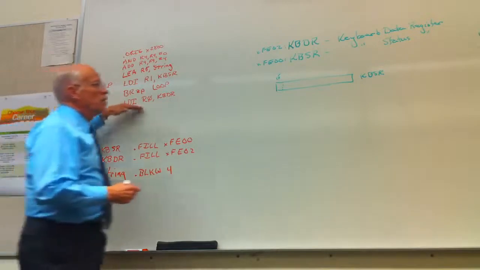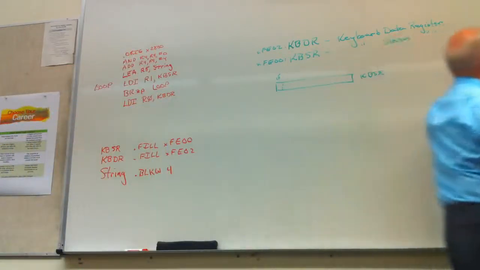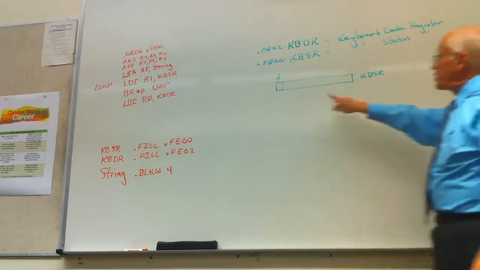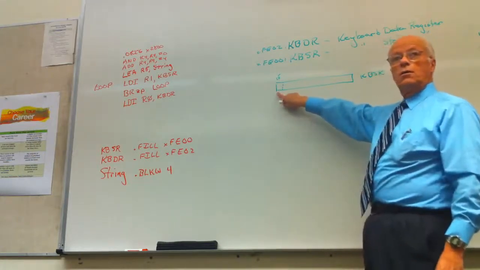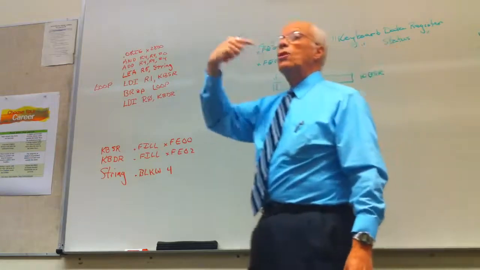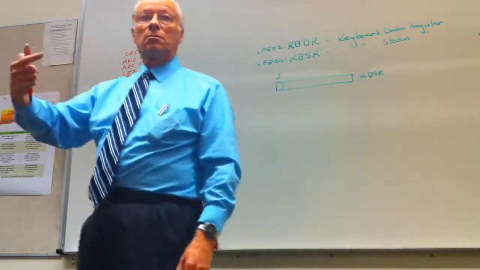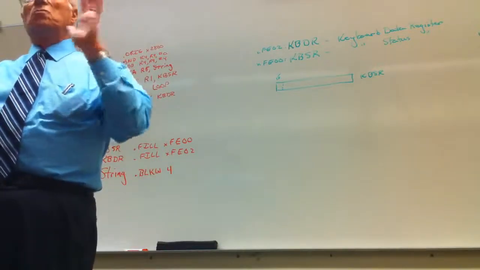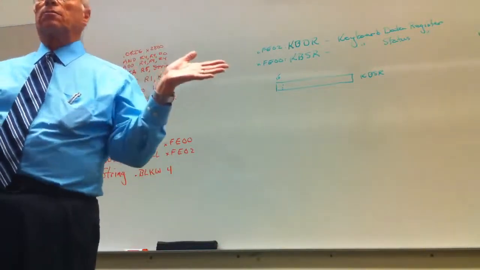Now, as soon as I do that, as soon as I read it, bit 15 is set back to a 0. Now, there's some significance to that. As long as this bit is 1, it will not accept any more data from the keyboard. If I don't clear that, that keyboard is locked.